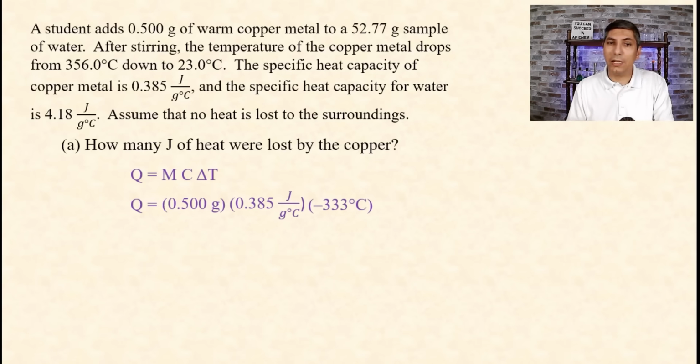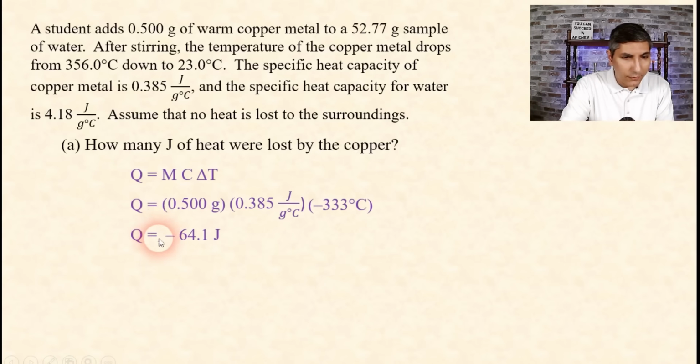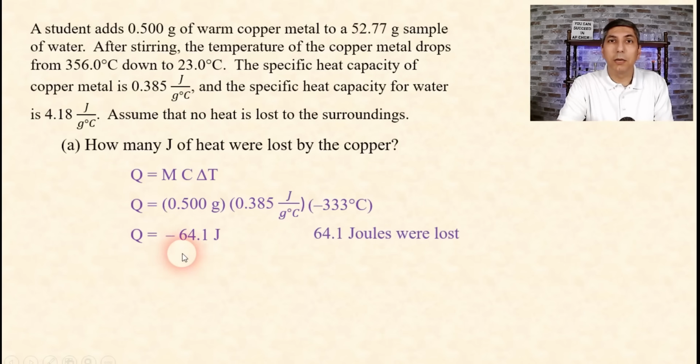So that's why I have negative 333 plugged in there for delta T. Now, once you multiply this across, you find that the value for Q is about negative 64.1 joules. Now that negative sign right there basically just implies that heat is being lost by the copper. That's what that negative sign means.